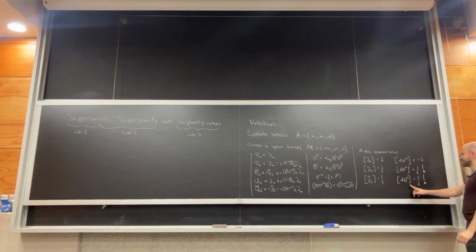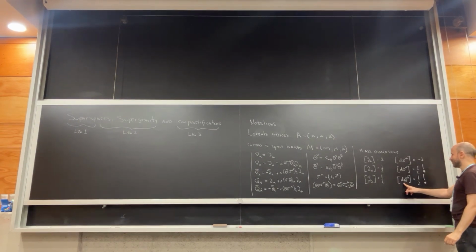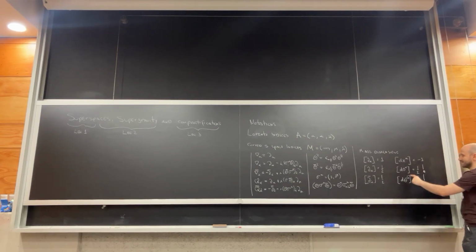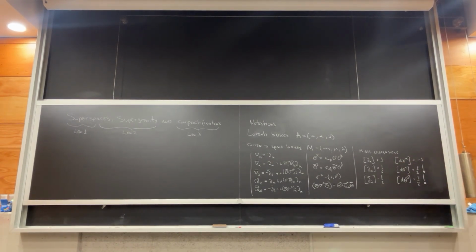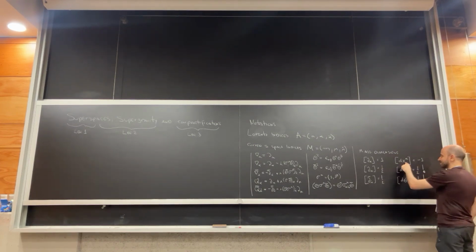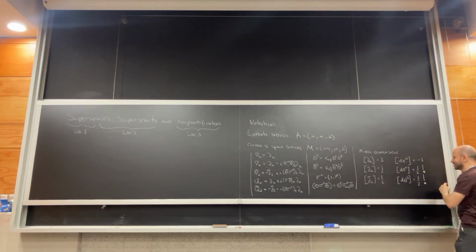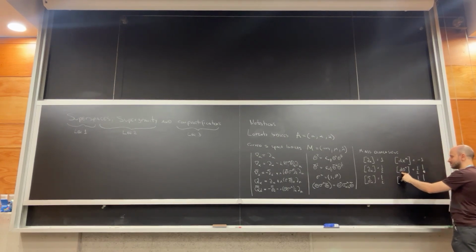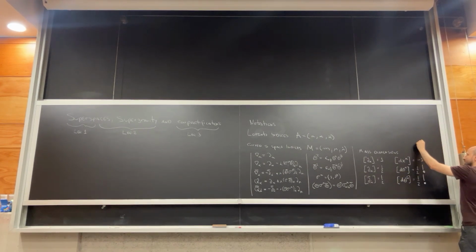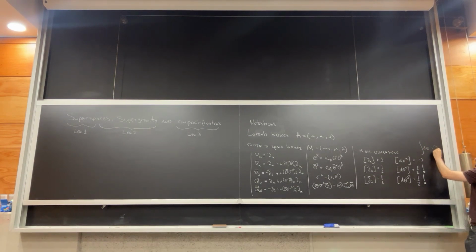So the biggest difference is when I talk about the integration measure. The integration measure in 4 dimensions has mass dimension -4, because each dx has mass dimension -1. But for the superspace, this is different, because we saw that if I integrate over theta, this is like a derivative of theta.